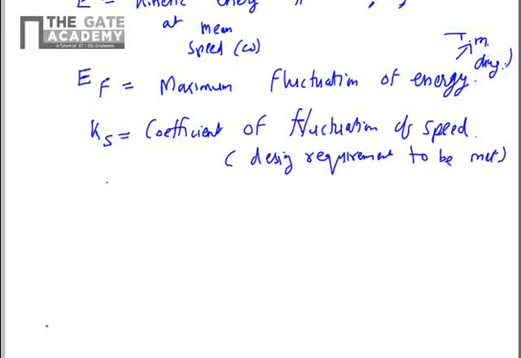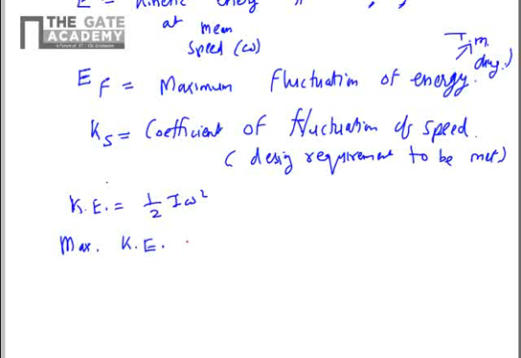So now from our definitions, we know that the kinetic energy in an angular system is equal to half I omega square. We'll talk about crankshaft and flywheel only now in all our derivation.